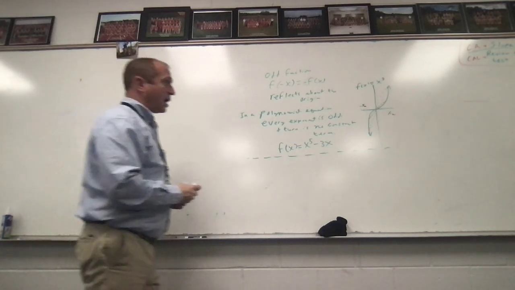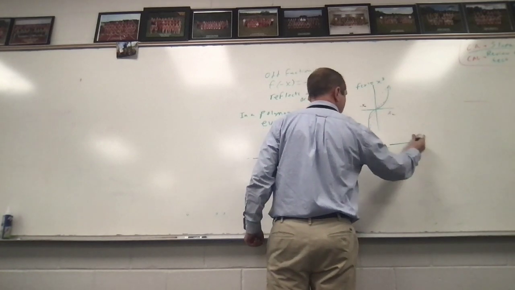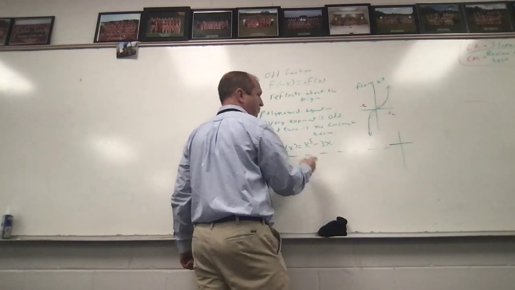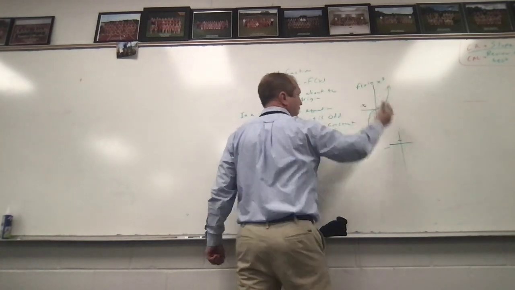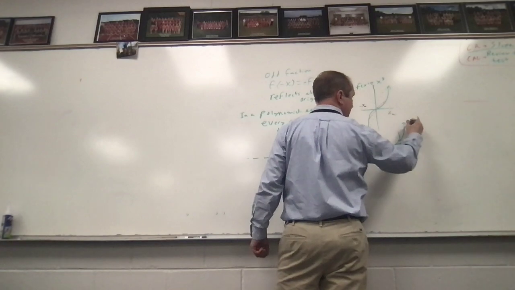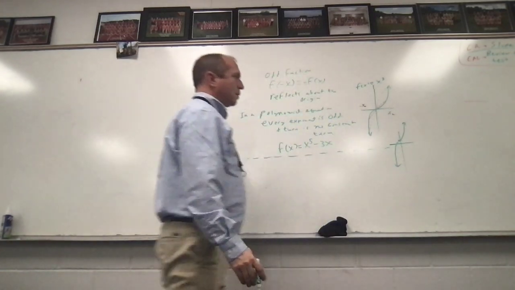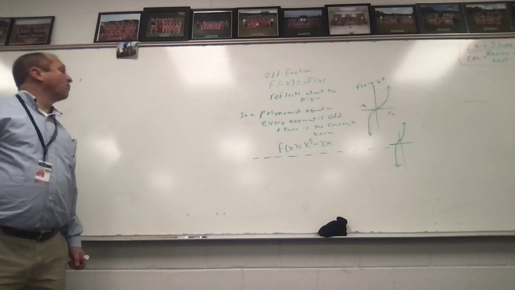But if I add that constant to it, what happens? Don't write this down because this is correct, but it's not an odd function. If I added 1 to it, it would take this graph and shift it up 1. So you see now it wouldn't reflect about the origin. So there is no reflection there.